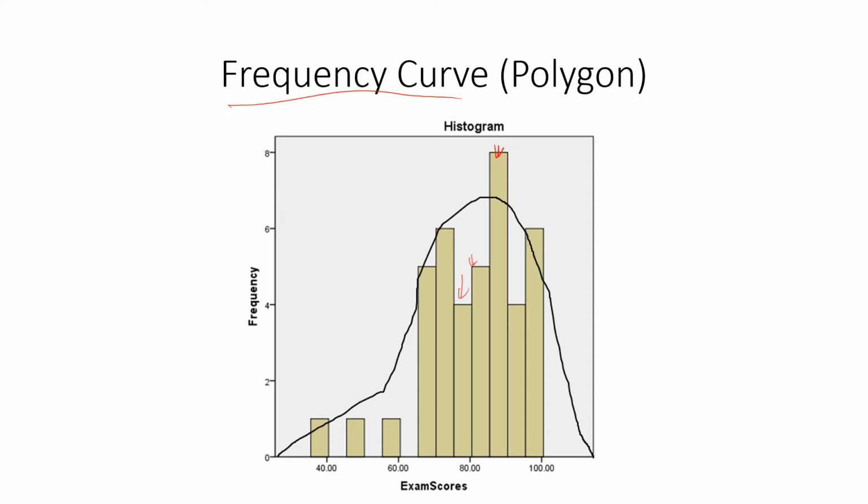So it's something that you can really only do with a computer program, and you'll be able to do it in SPSS. You'll be able to throw a frequency curve over the top of your histogram. You just have to click a couple extra buttons and you can get to that.